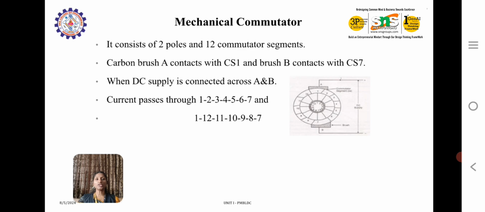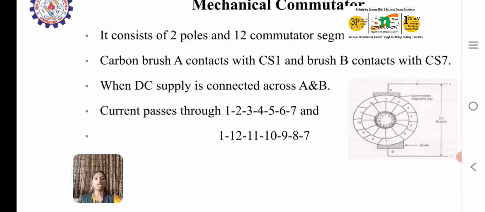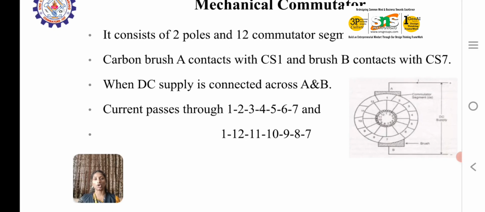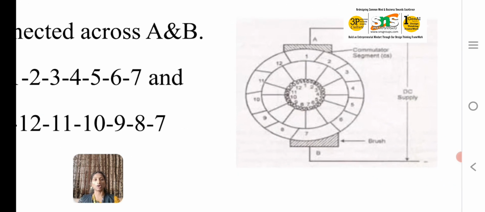Coming to the mechanical commutator, in the picture it has two poles. It consists of two poles and 12 commutator segments, as shown in the picture, and we have two brushes A and B, which are supplied with the external supply. When DC supply is connected across A and B, the current passes through the commutator segments, either clockwise or anti-clockwise.